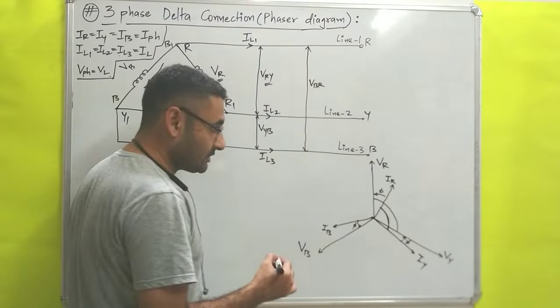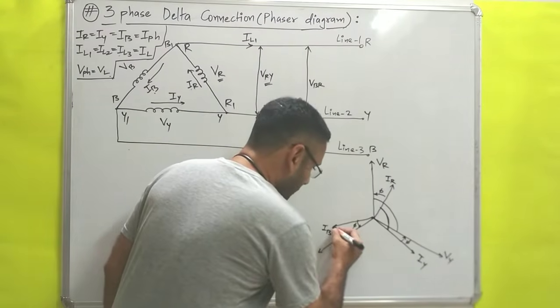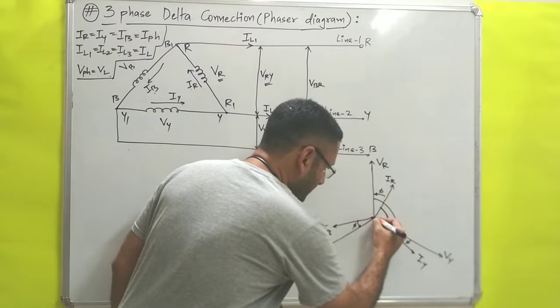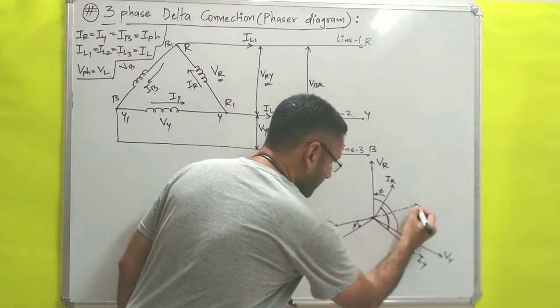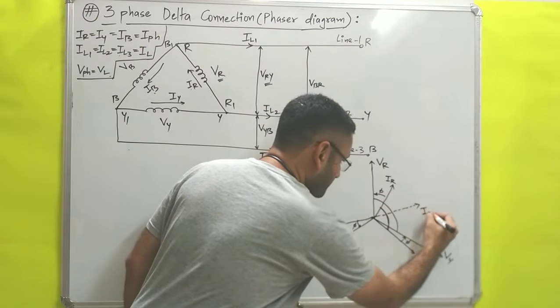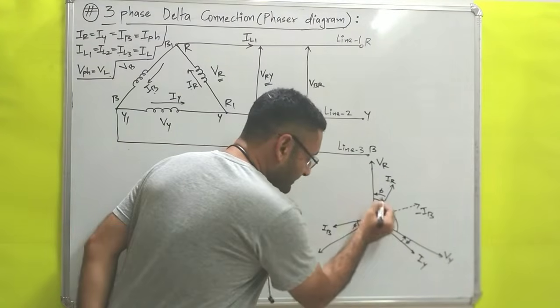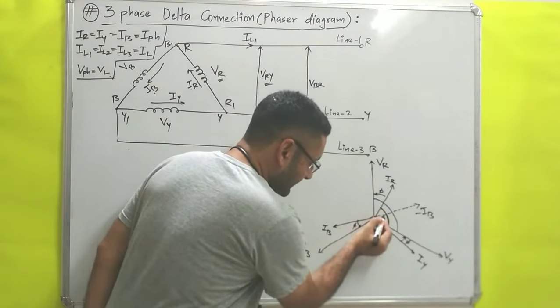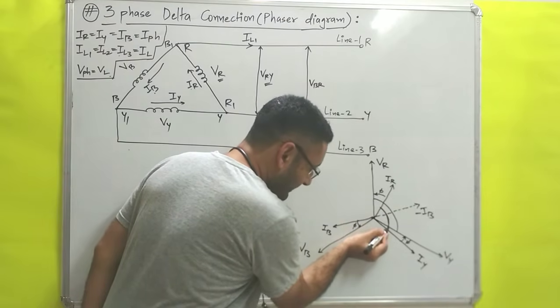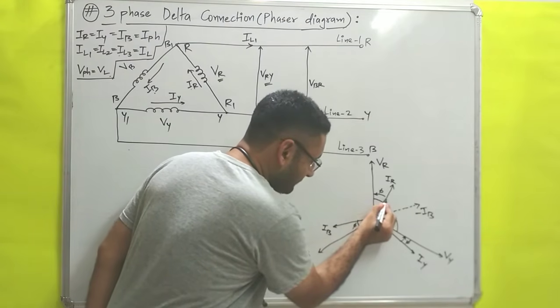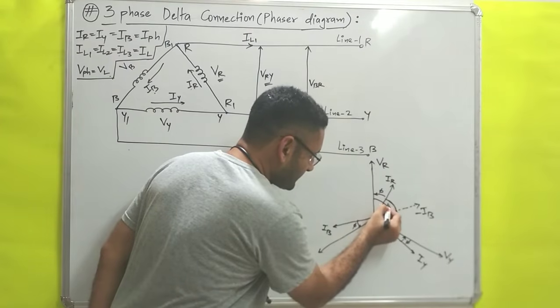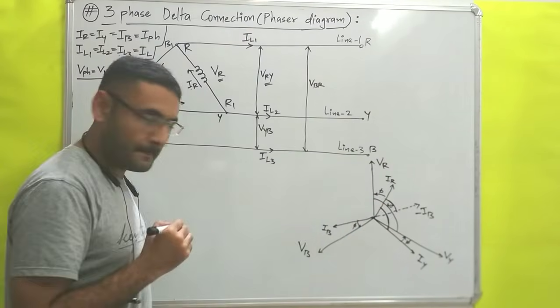Now we will draw the opposite vectors. Opposite of IB, I will draw over here like this. That is minus IB, with a negative sign. The angle between these two vectors is 120 degrees, so half of this will be 60 degrees.